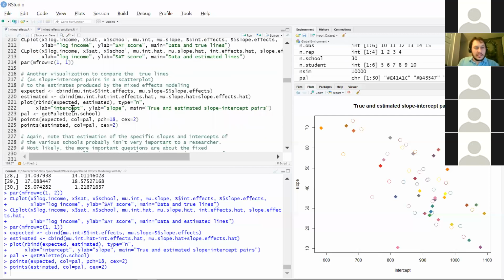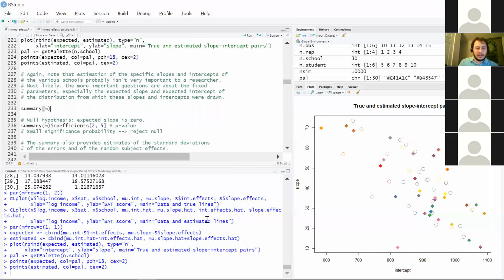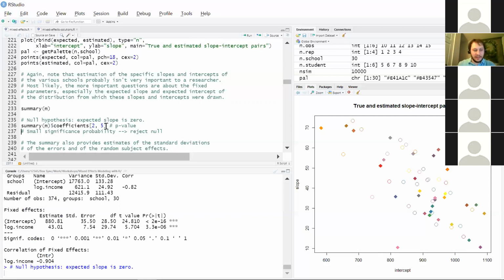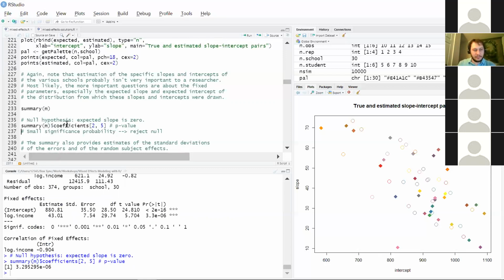All right, so I guess I'm right here. Let's look at the summary. So what's the significance probability for the test that the true line's slope is 0? Right here, very tiny, 0.000033. And you want to pull out the p-value, here you go, just like last time.